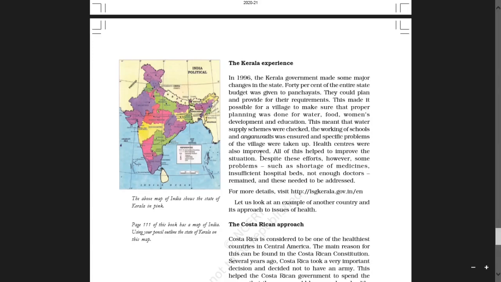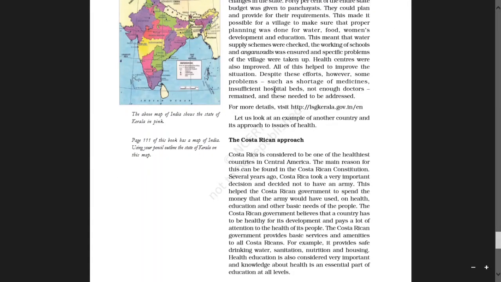Health centers were also improved, and all of this helped to improve the situation and make the condition better. Despite these efforts, however, some problems such as shortage of medicines, insufficient hospital beds, and not enough doctors remained, and this needed to be addressed.